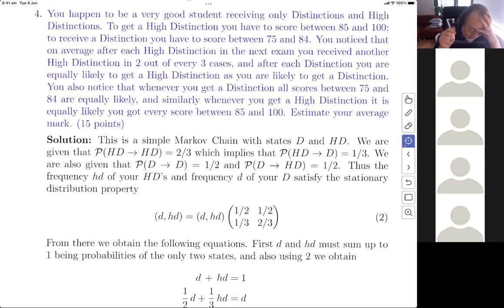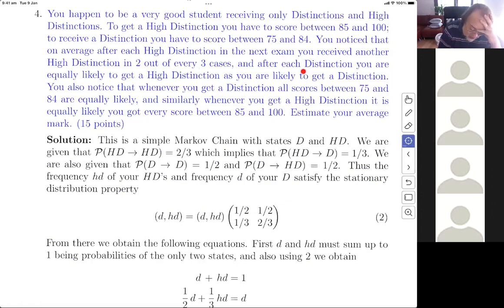So you noticed that on average, after each high distinction, in the next exam, you received another high distinction twice out of every 3 times, right?